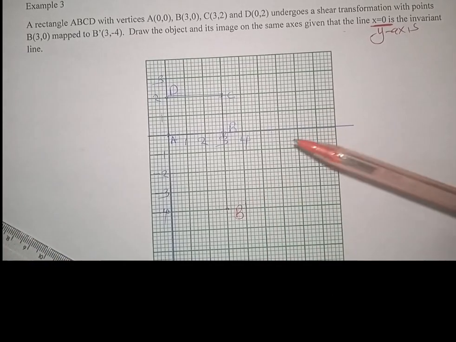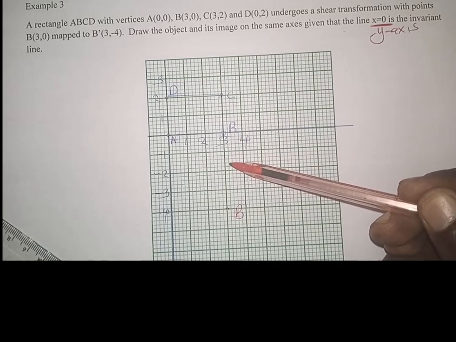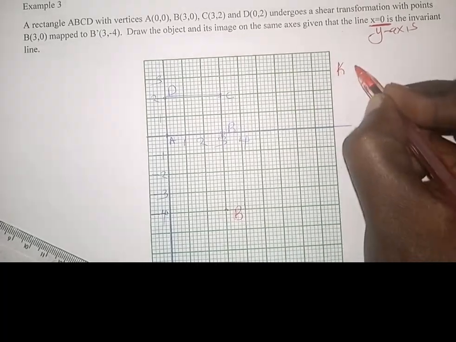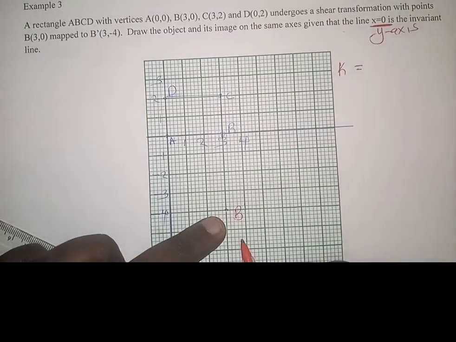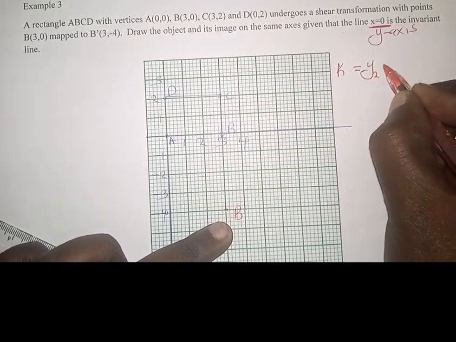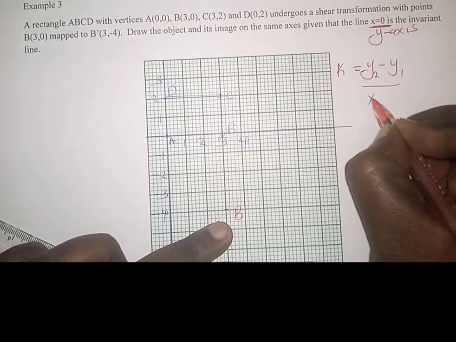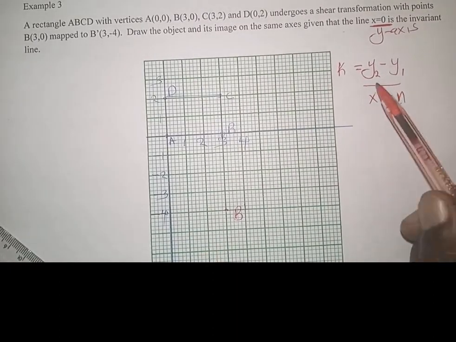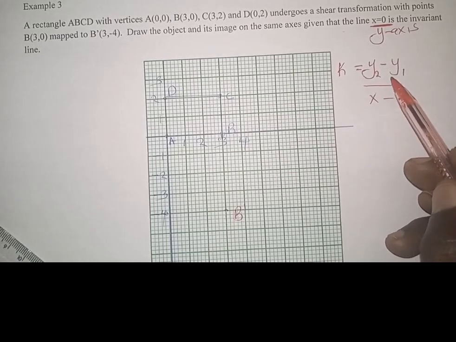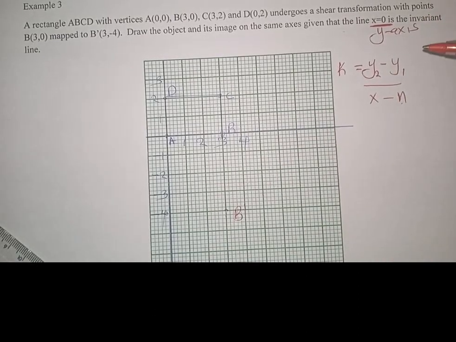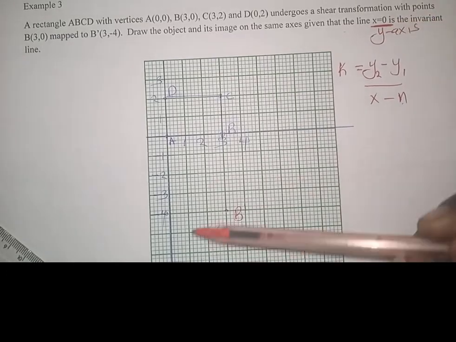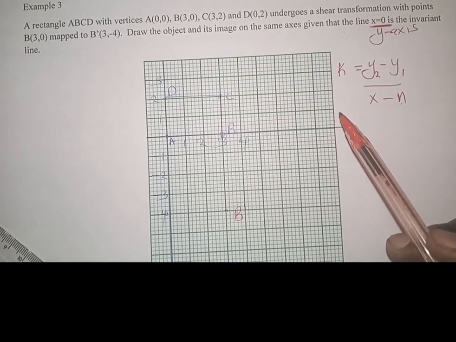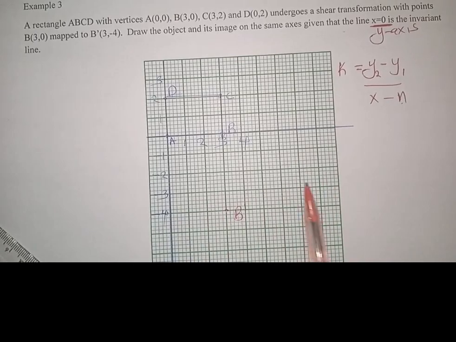So for us to get the point C prime, which is what we require, we need to calculate the shear factor first. The shear factor, for the y-axis invariant, is (y2 minus y1) over (x minus n), where n is the invariant line. We are doing this because only the values of y are supposed to be changing, because the shear is y-axis invariant. They are supposed to move in a direction parallel to a fixed line that we call the invariant line.